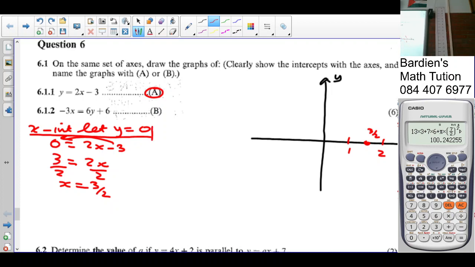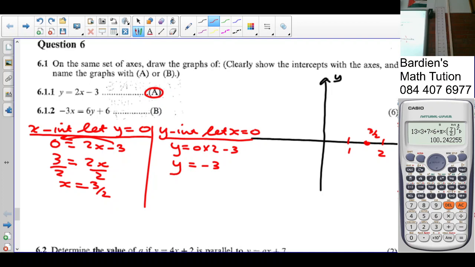So what do we work out thereafter? The y-intercept. What do you do for your y-intercept? Let x equal to 0. So y is equal to 0 times 2 minus 3, which is minus 3. Right, you see that, people?